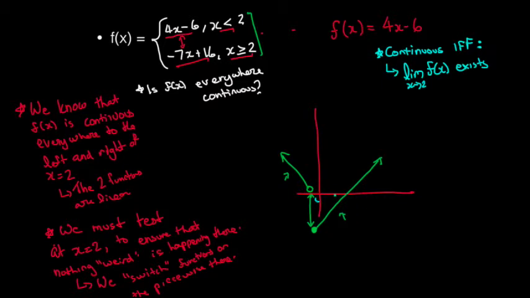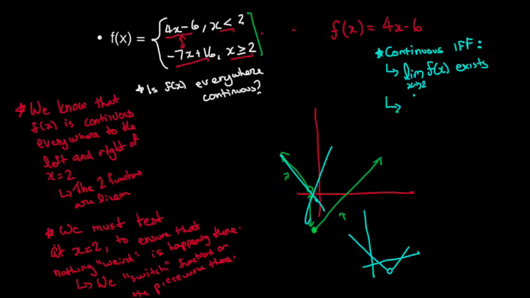Okay, so therefore if this was true, it would bring us down to something like this. It would at least ensure that there's no jump discontinuity here or anything. It's just that this point may not exist, but the function is approaching the same thing from both sides. This would eliminate this situation.